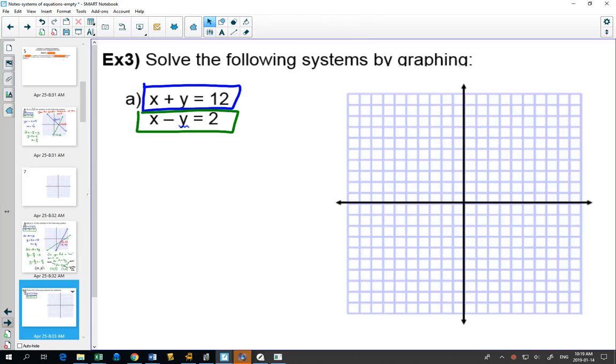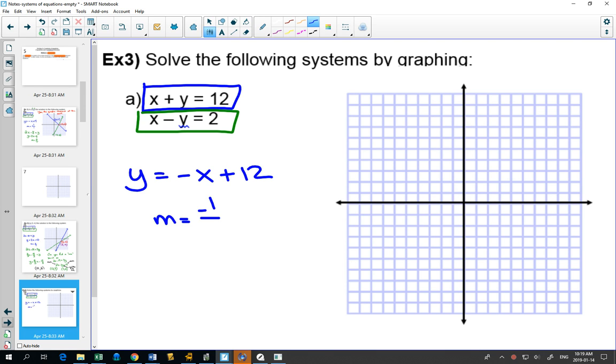For the blue one, I can get y by itself by moving the x to the other side. Tells me it has a slope of negative 1 over 1 and a y-intercept of 12. Ooh.